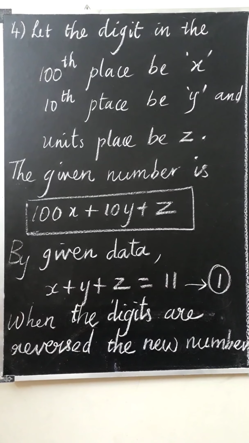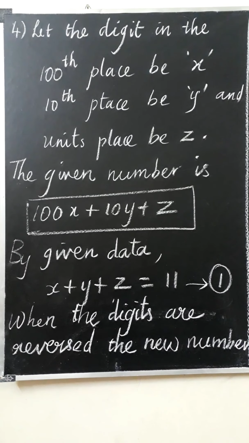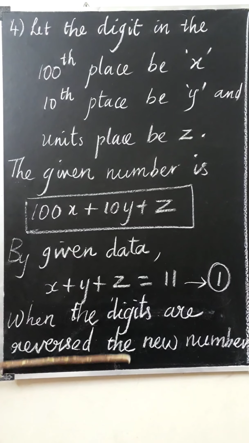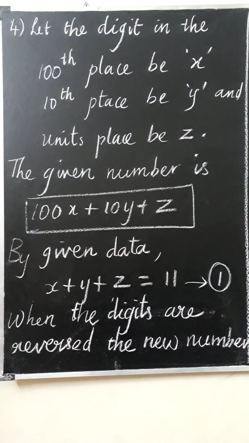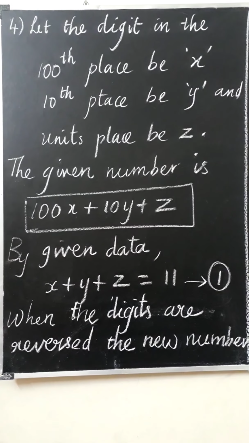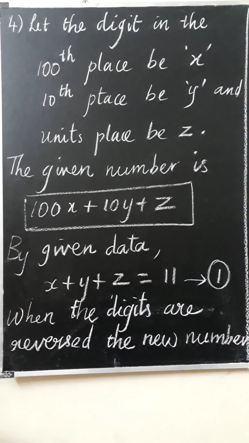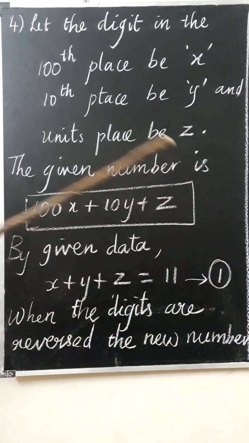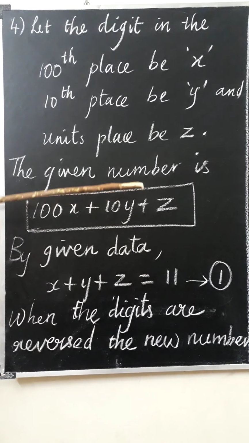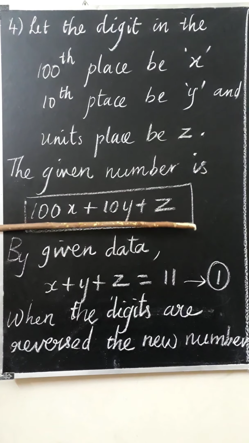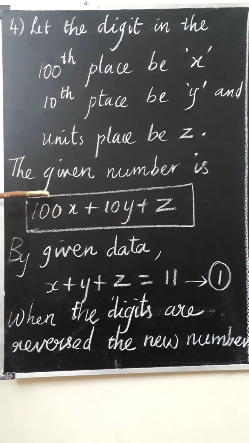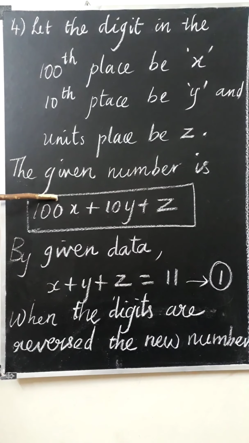First equation. Second equation, listen carefully. When the digits are reversed, a new number is formed. Just assume that a number is 456. When you reverse that, it is 654. The hundreds place goes to the units place, and the units place number comes to the hundreds place. Like that, when we reverse the given number 100x plus 10y plus z, the two digits will be interchanged.